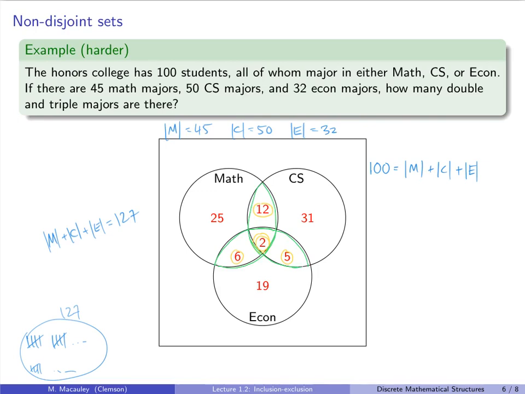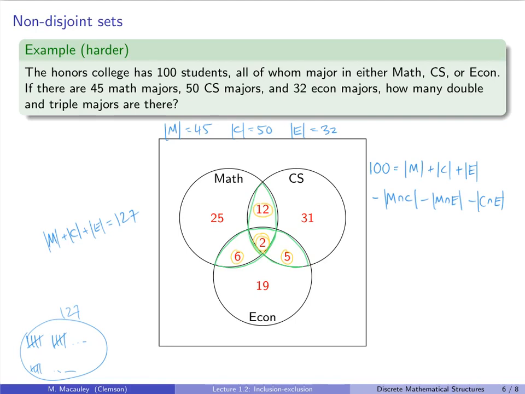So let's subtract those off. Let's subtract off everyone who majors in math and CS. Subtract off everyone who majors in math and econ. And let's subtract off everyone who majors in CS and econ.